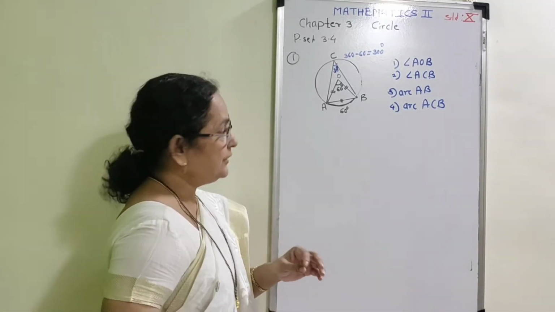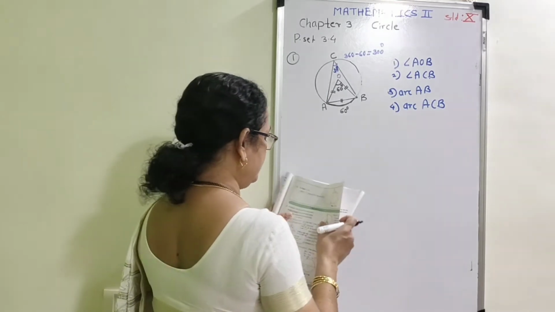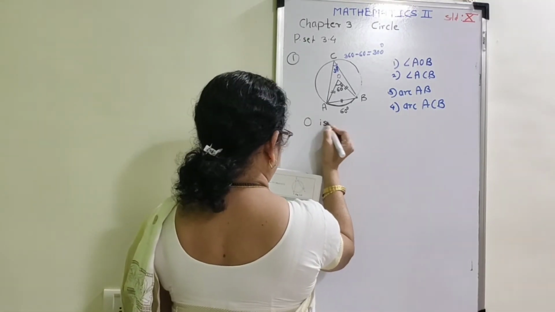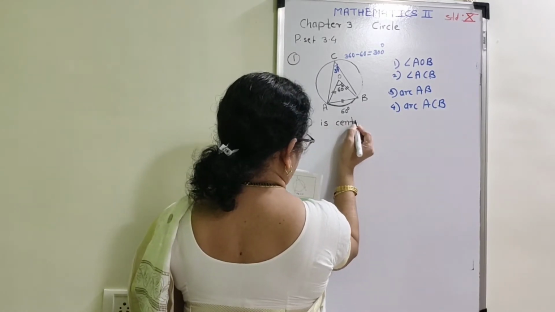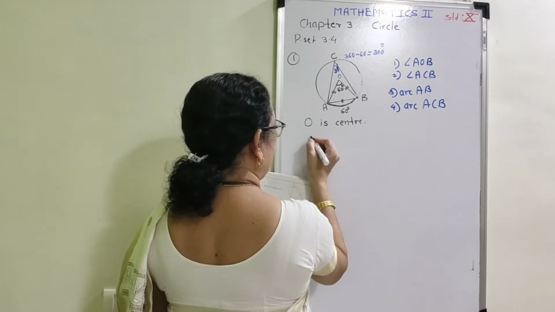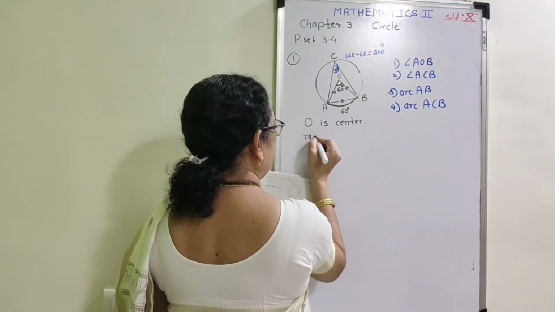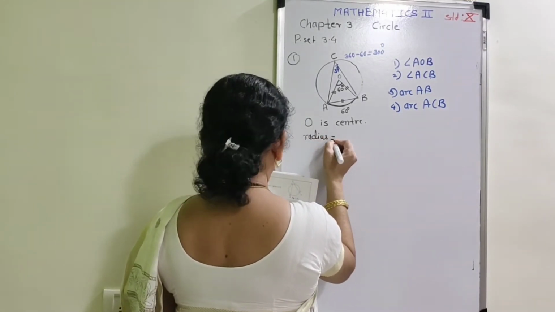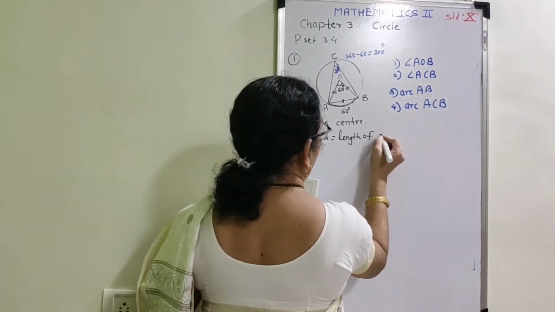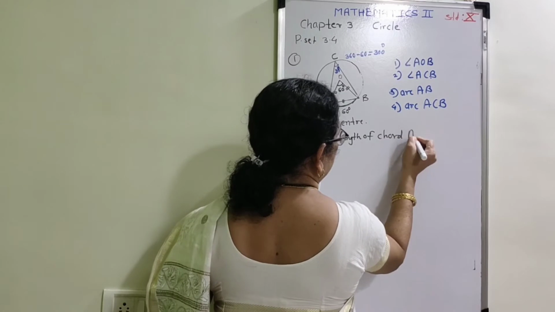carefully. I am going to write the first given statement. O is the center. It is given. Now first thing they have given is that the radius is equal to the length of chord AB.